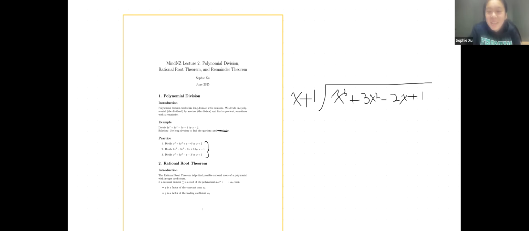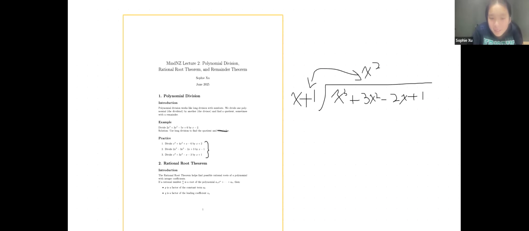Anyways, yeah, x to the power of 2, x squared, and you write it above this term. So you go like that, and then you multiply these two together, just like a normal long division, and then you write it below these two terms. Okay?